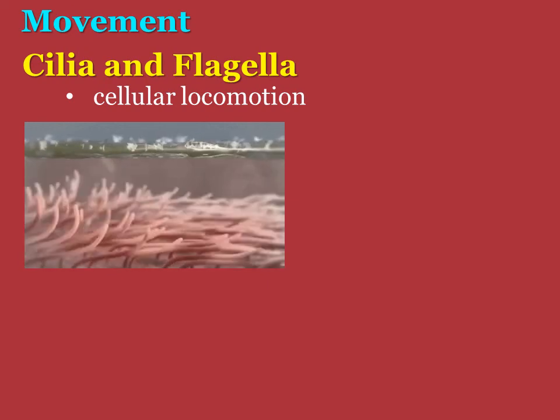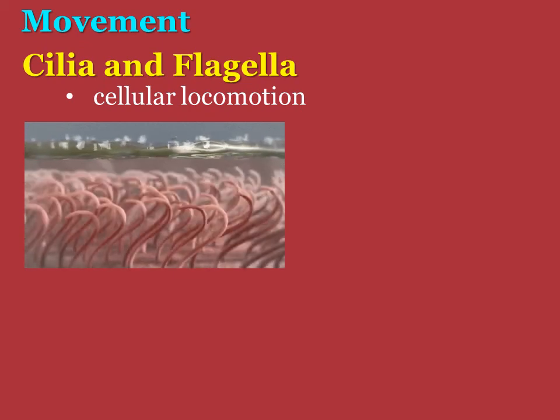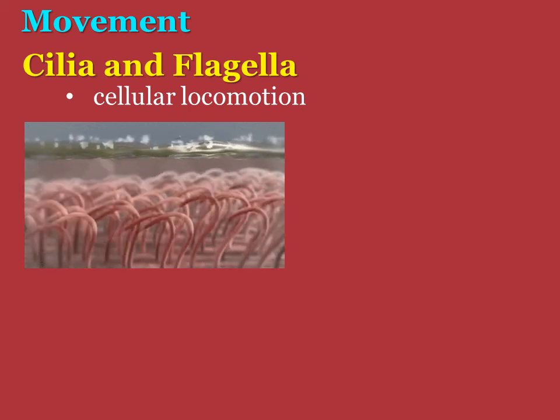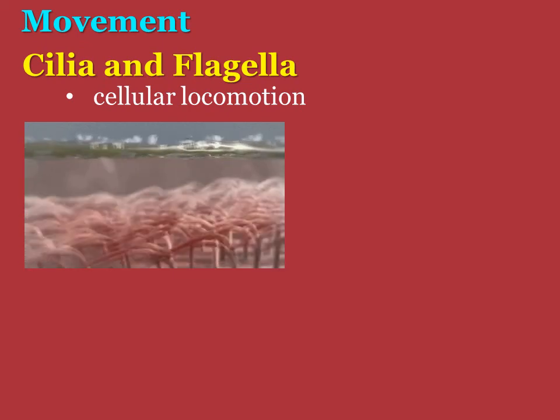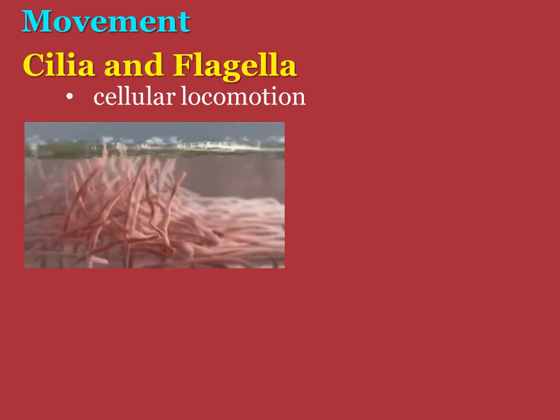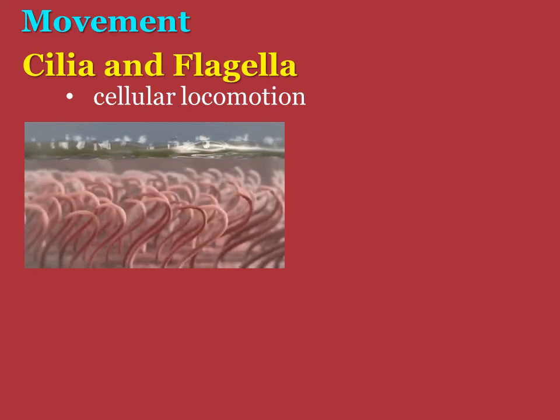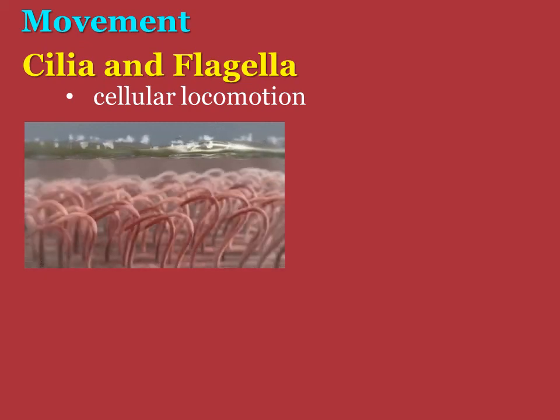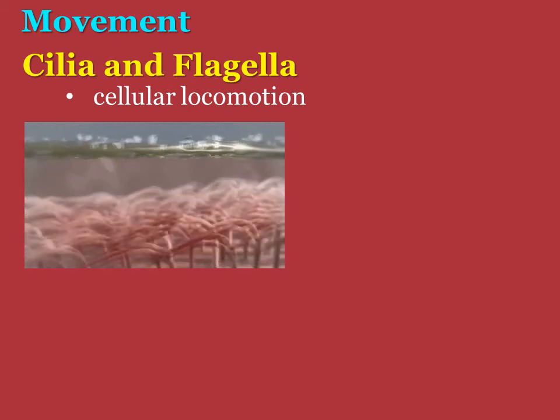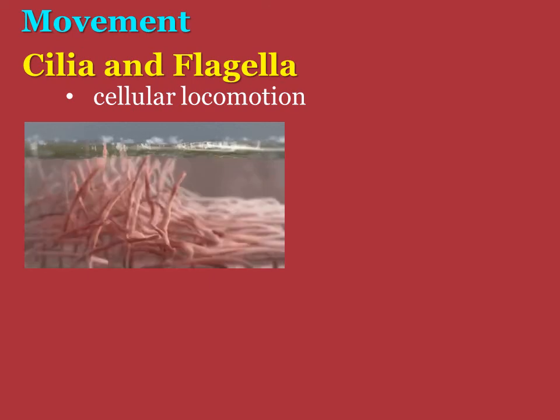These ciliated epithelial cells remove mucus, bacteria, and other debris from the lungs. Another example is the lining of the fallopian tubes. The cilia here are responsible for helping fertilization by movement of the egg towards the uterus.